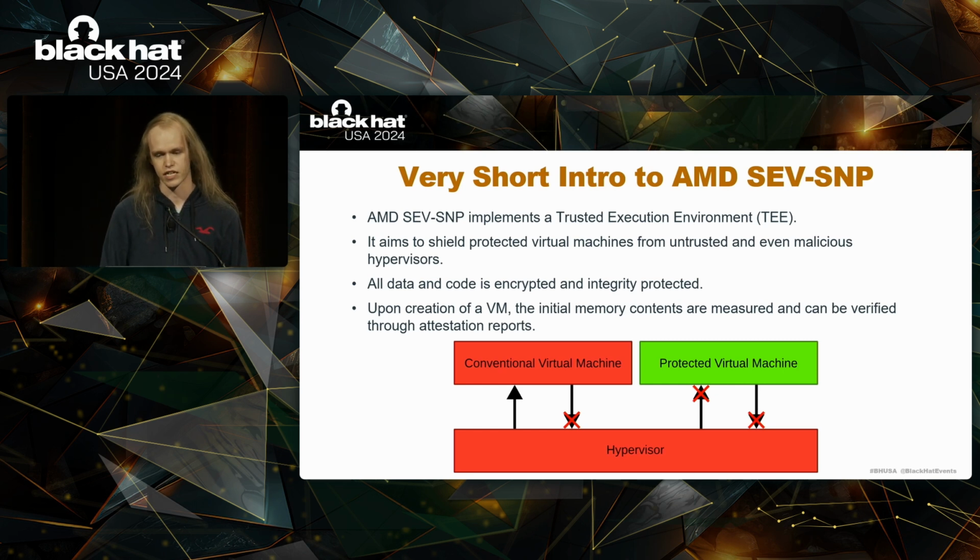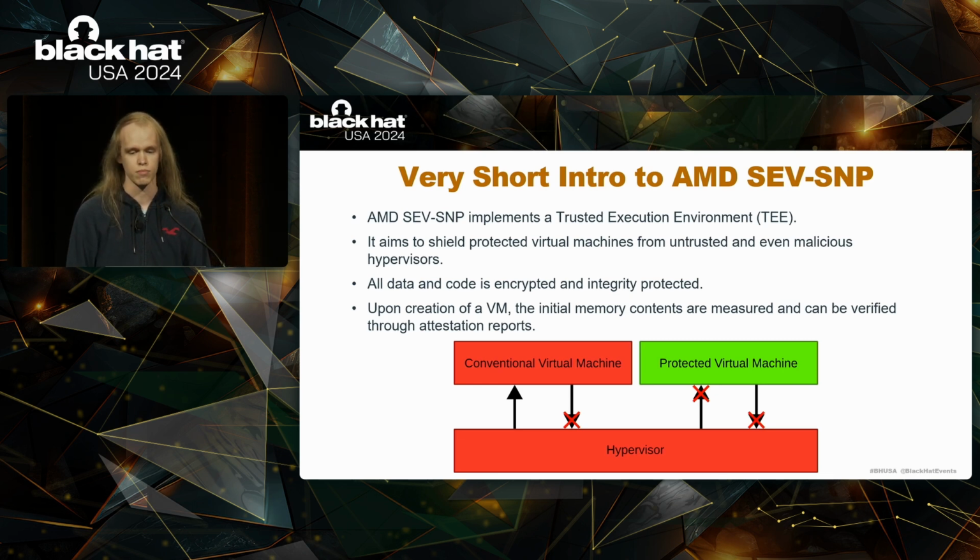So obviously this technology implements a TE, and SEV stands for Secure Encrypted Virtualization. From this, you can already gather that the whole point of this is to protect entire virtual machines from a potentially malicious hypervisor. And so the way this works with conventional VMs is that the hypervisor has access to all of the memory that's owned by the VM.